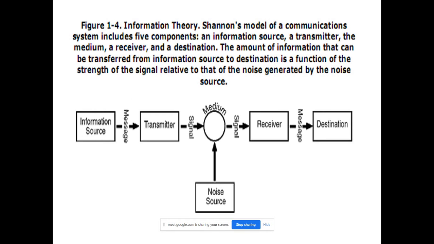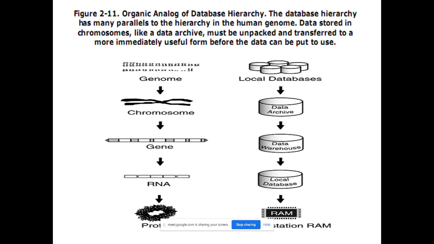Yesterday we discussed information theory, how information is important, how it is received, and what the role of the medium is. The medium plays an important role. So this is the analogy. Suppose it is compared with a database like the genome.